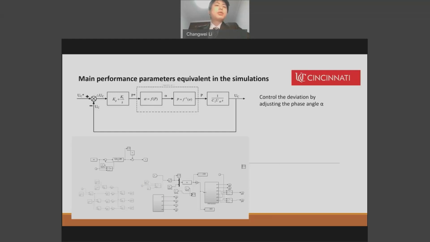In the closed loop control system, the work of the converter is controlled by adjusting the phase shift angle, so the phase shift angle is not fixed, and it changes dynamically. Compared with the open loop system, the closed loop system adds a feedback loop.